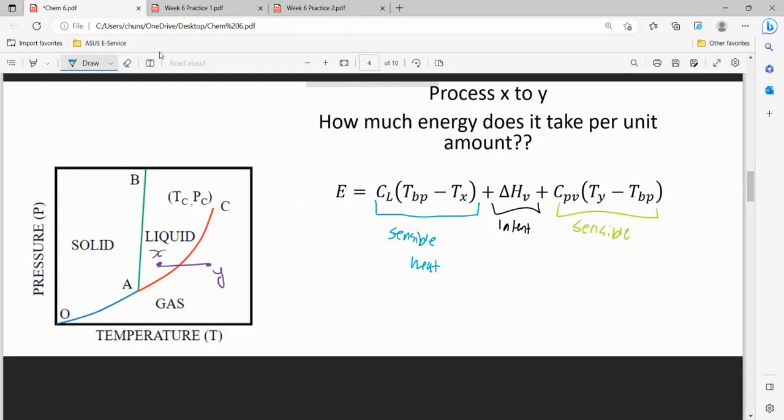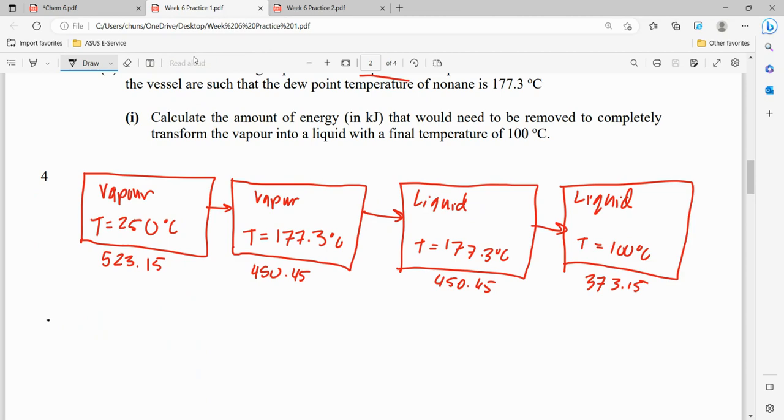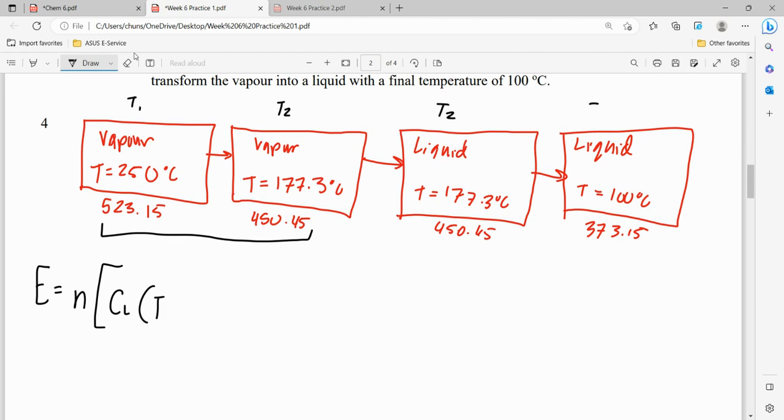Okay, so we're going to be using this form. Our energy is equal to our moles times our liquid specific heat capacity and our first change, which is sensible heat from T2 to T1, T3.